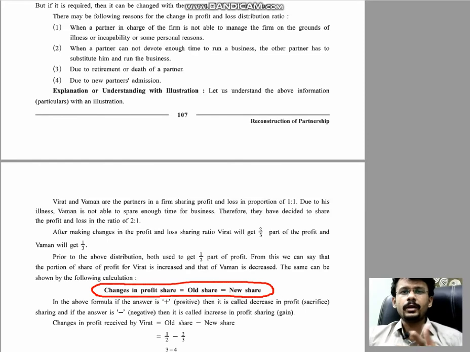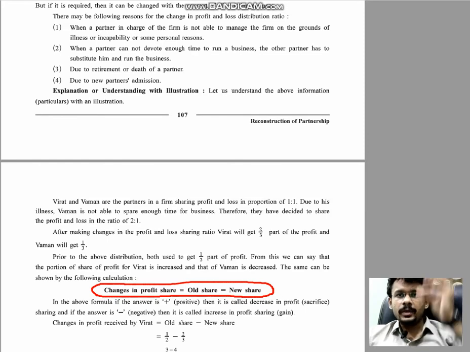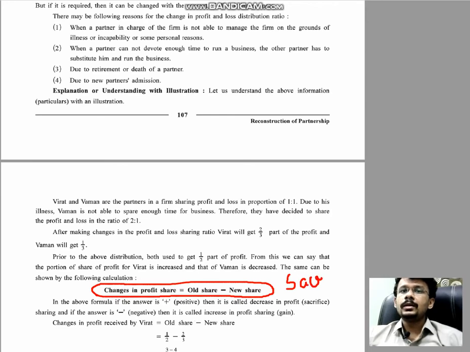First formula you can see here, old share minus new share. હમણાં જ કર્યું ને આપણે 33.33 માંથી 50, 33.33 માંથી 30, 20. આપણે શું કર્યું? Old minus new. Okay, this formula you can write down in your book, is known as sacrifice ratio. Write down this formula, sacrifice ratio.